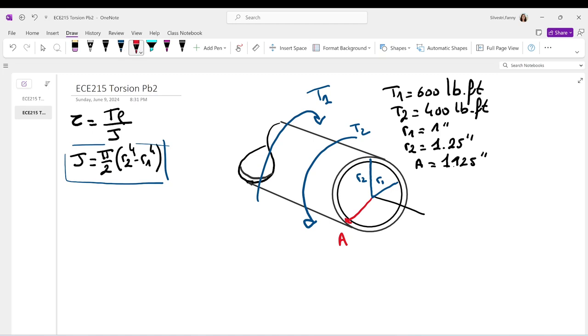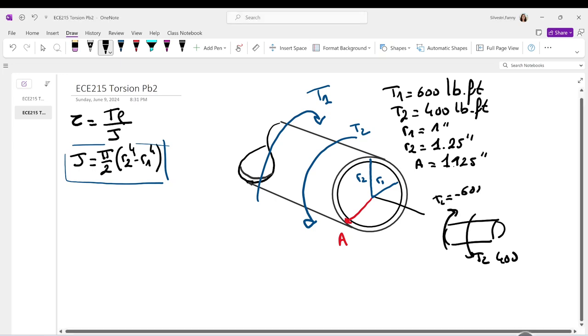So because we want to find the shear stress at A, we need to do a tiny little free body diagram. So we are at A. We have T2, that will be 400, and the T1, the minus 600.